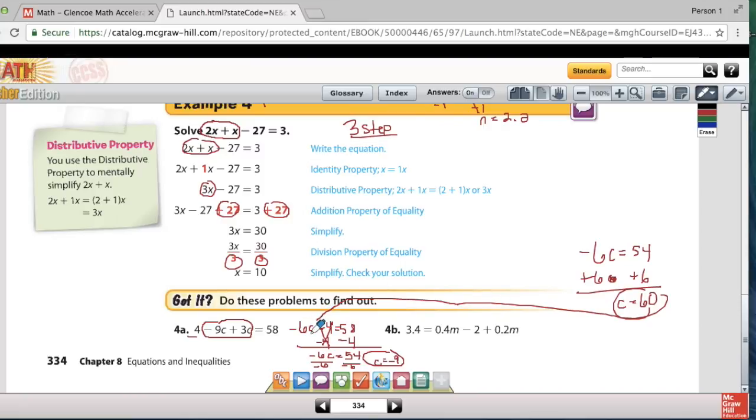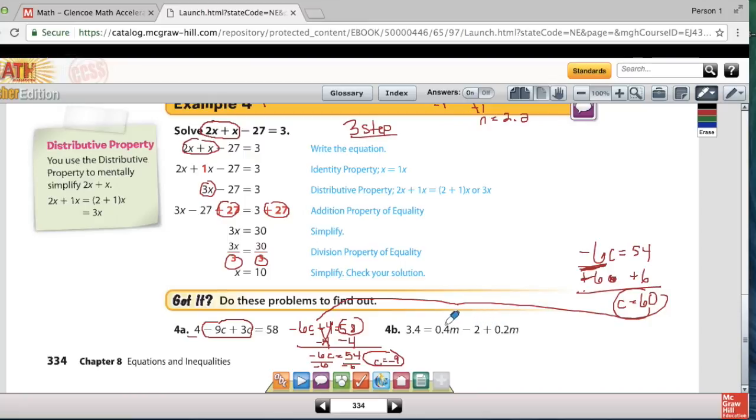Negative 6 times 60 is negative 360. And negative 360 plus 4 is definitely not 58. So use that to check your work, because it's a very common mistake to see that negative coefficient and think that you're just going to add it. Negative 6 is being multiplied by c. So the opposite operation, or the inverse operation, is to divide by negative 6.